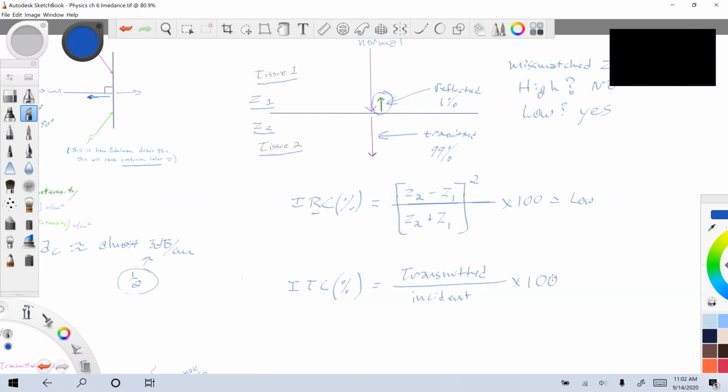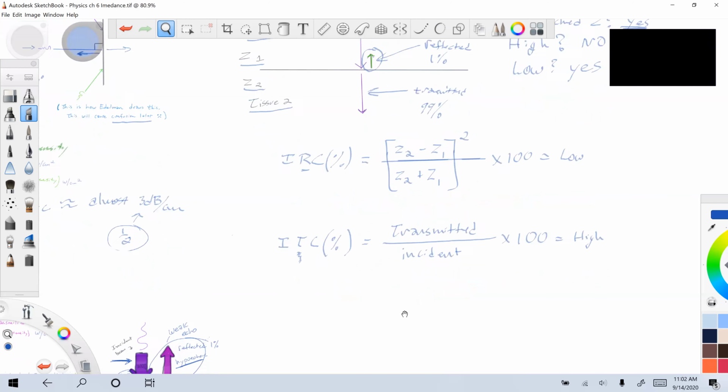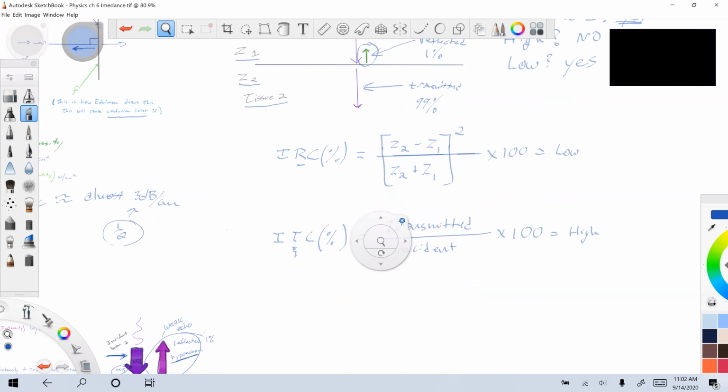The transmission coefficient is usually going to be a high or large number. The other way of looking at this, they're basically reciprocals, right? So the other way of saying this is 1 minus the intensity reflection coefficient.